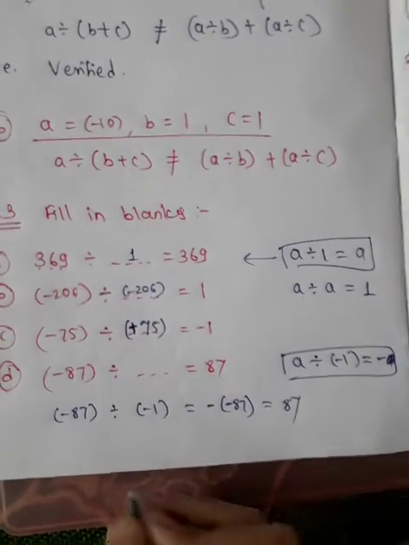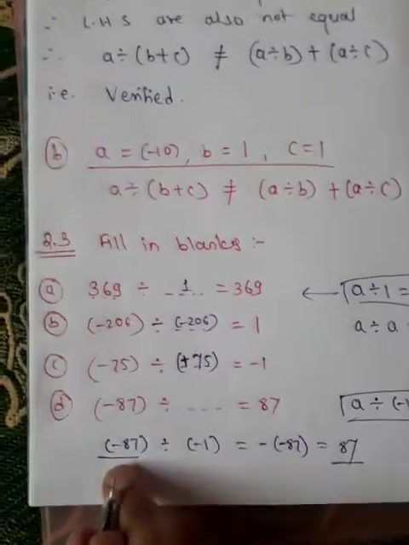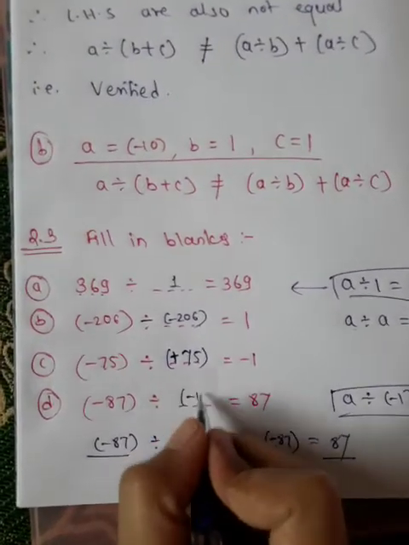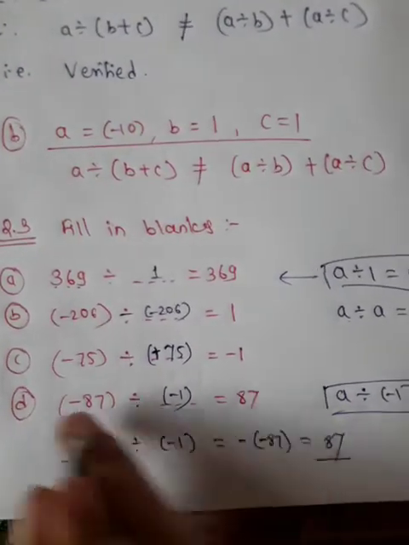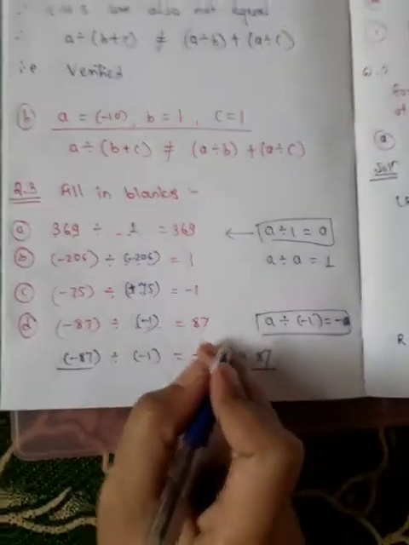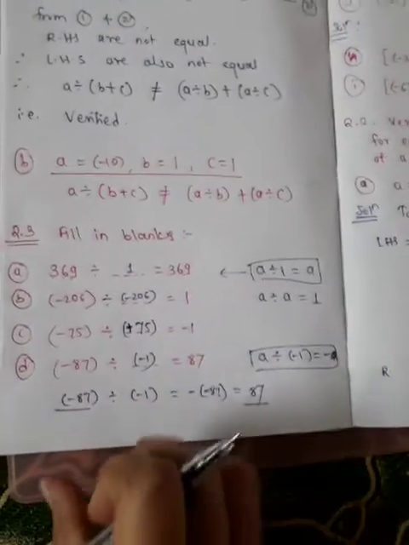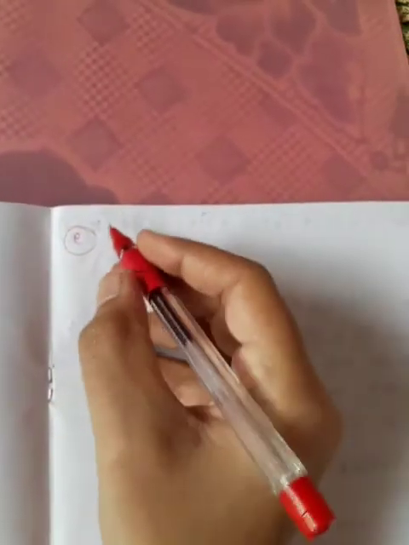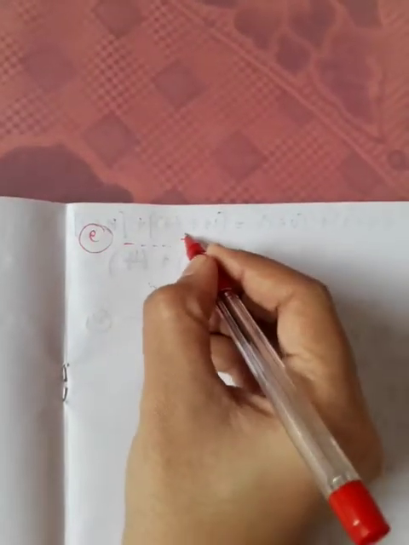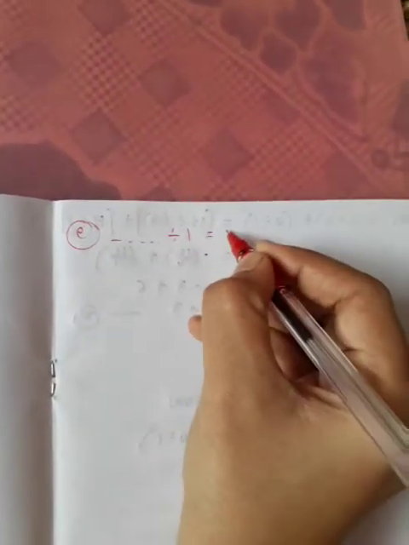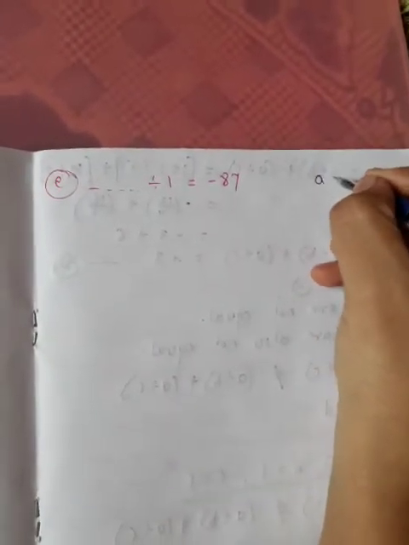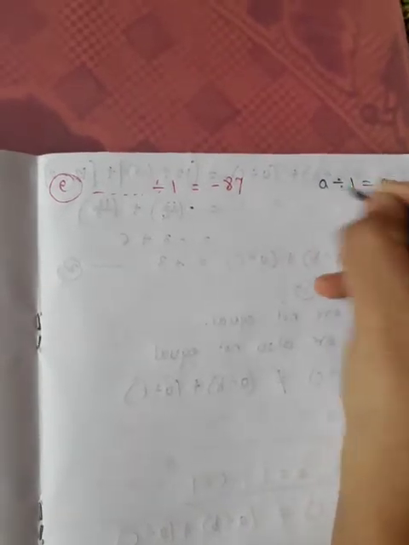That is 87. Meaning we have to divide minus 87 by minus 1 to get minus of minus 87, that is 87. You have to know the properties of division. So as like this, do the following examples. Dot dot dot divided by 1 gives minus 87. So tell me again, here use the property: when we divide any integer by 1, it gives the same integer.